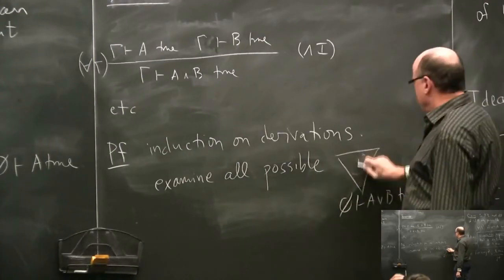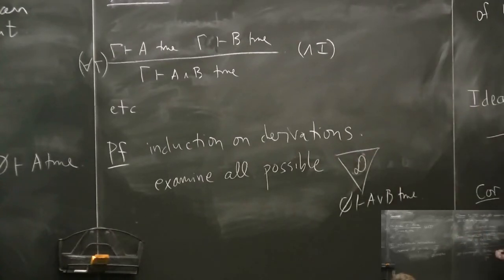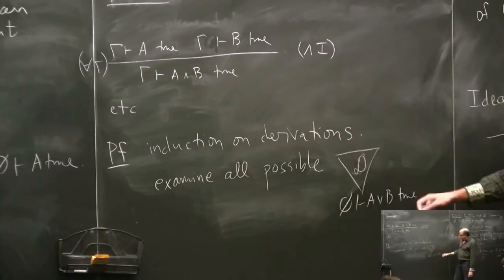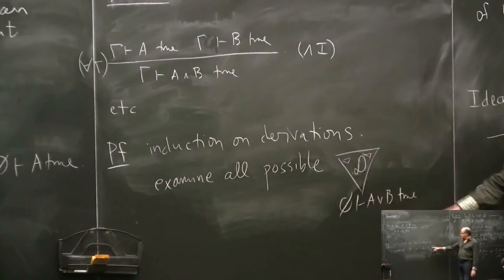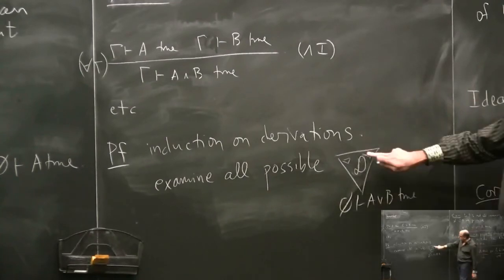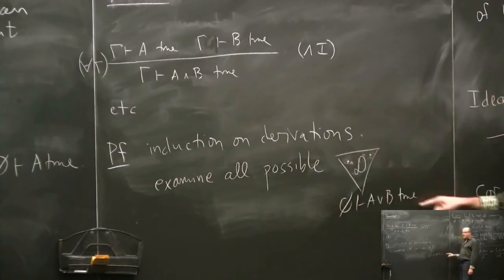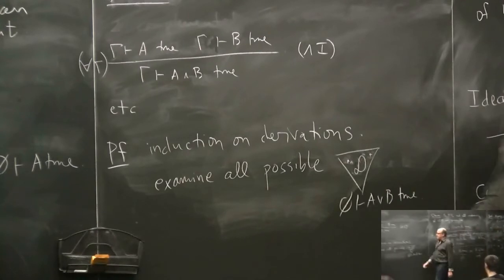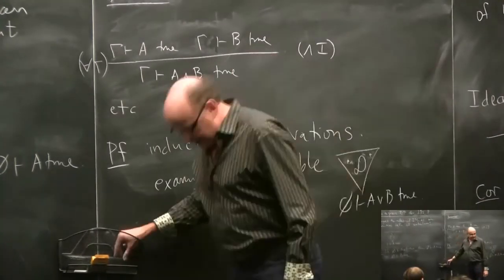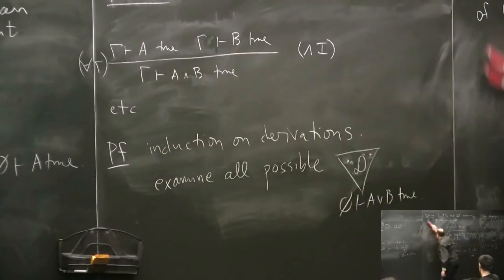You just go through what derivations you could possibly have there, and then you hope to say that no matter what happens, somewhere buried in here must be a derivation that A is true or B is true, or even if it's not buried in there, there's enough data in here somewhere that I can piece together a derivation that A is true or a derivation that B is true under no assumptions. Okay, so that's the strategy. It's an obvious strategy, and it's not really going to work, which is what I will show you next.